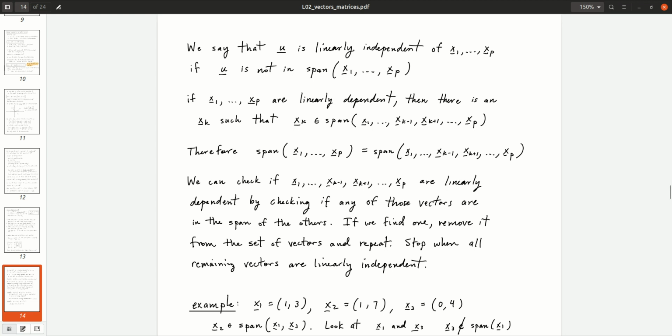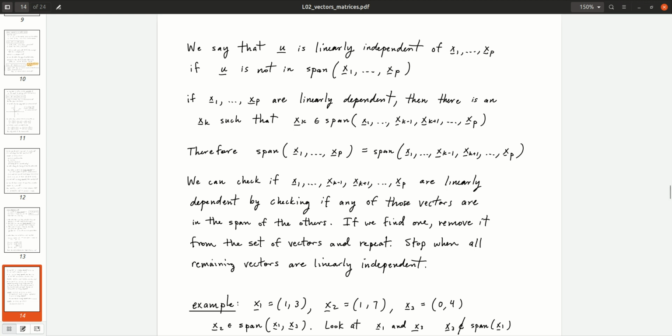Now, since xk is in the span of the remaining ones, including xk in this set of vectors doesn't change what the span is. So that means that the span of x1 to xp, meaning the span of all the vectors, is the same vector space, or the same set of vectors, as the span of x1 to xk minus 1, skip xk, xk plus 1 to xp.